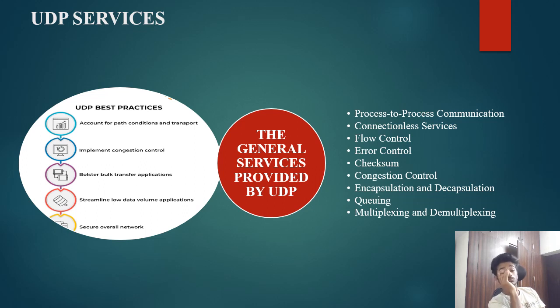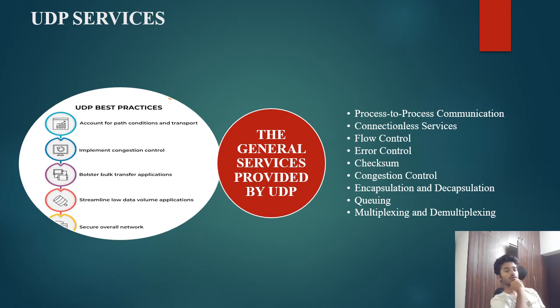So what are the UDP services? Process-to-process communication, connectionless services, flow control, error control, checksum, congestion control, encapsulation and decapsulation, queuing, multiplexing and demultiplexing. These are the services provided by UDP.